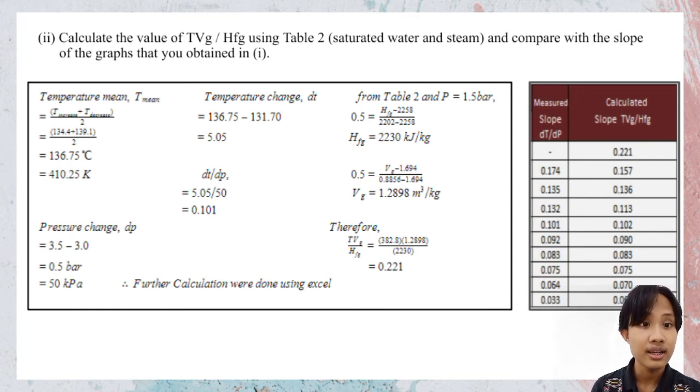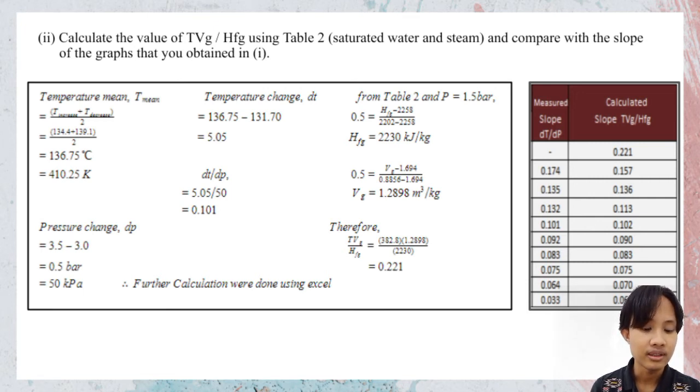For dVg over Hfg, since Table 2 shows 1 bar, 2 bar, 3 bar respectively, we need to do interpolation. So if we do the interpolation to obtain Hfg at a specific pressure, which is 1.5 bar, we obtain Hfg equal to 2230 kilojoule per kg. We also do the same interpolation for Vg at pressure 1.5 bar. We obtain Vg equal to 1.2898 meter cube per kg.